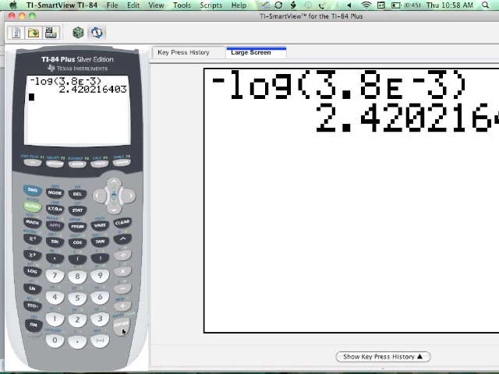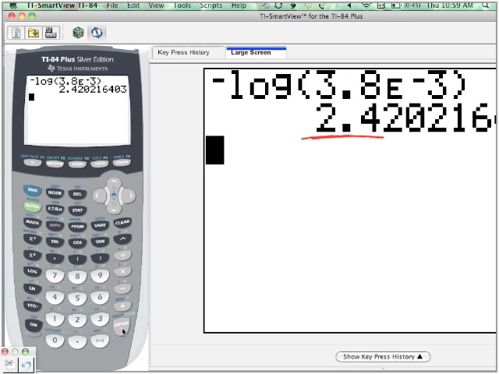So there is our answer: 2.420216, and it goes on. Now, how many significant digits in my question? 2. So my answer should only include this 2.4. We look at the number immediately following that. Will it change anything? No. So the answer is the pH is equal to 2.4.